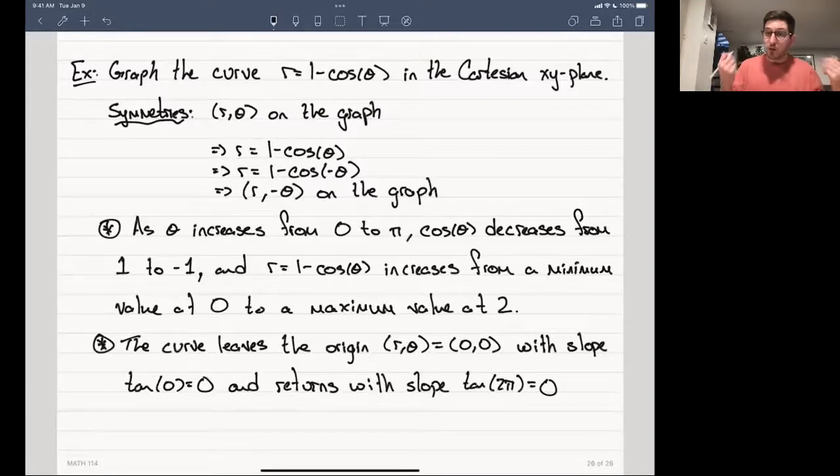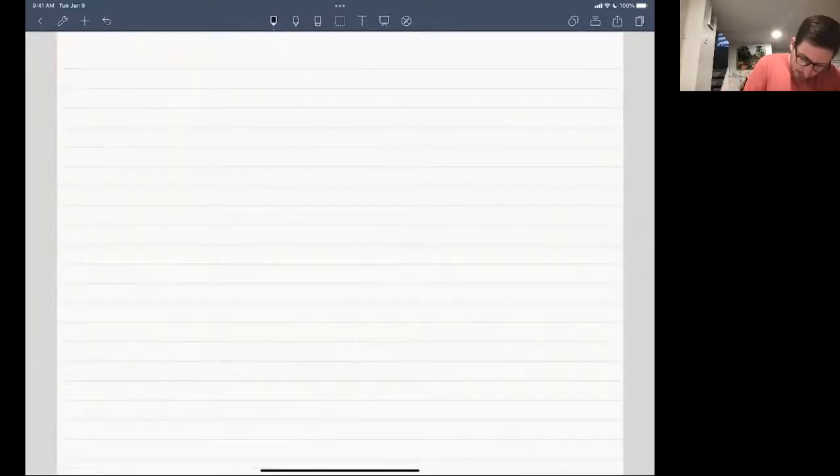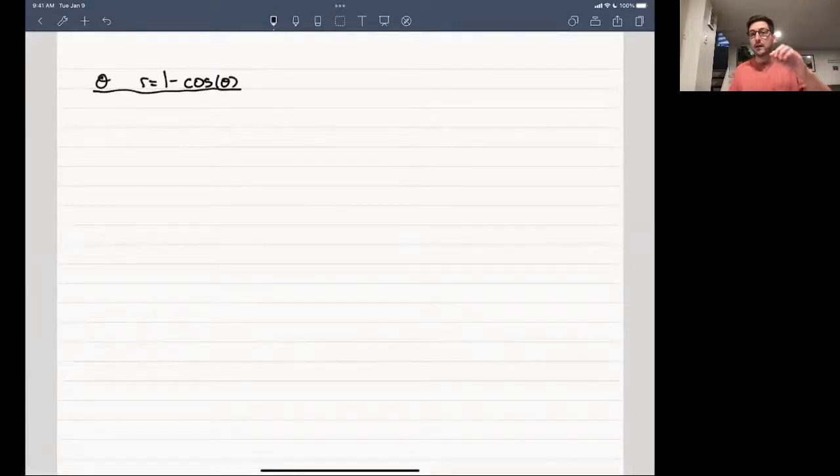Okay, so just like what we did with the parametric curves, we're going to put in a little table of values here to see if that can help us a little bit. So let me move to the next page. I'm going to give you an angle, and we're going to figure out where we are on this curve in terms of polar coordinates. Again, don't lose sight of what this is saying. It's saying, depending on the angle that I am from the origin, how far away am I? That's the only thing that this is describing. Okay, so at angle 0, we've already seen that we are at the origin.